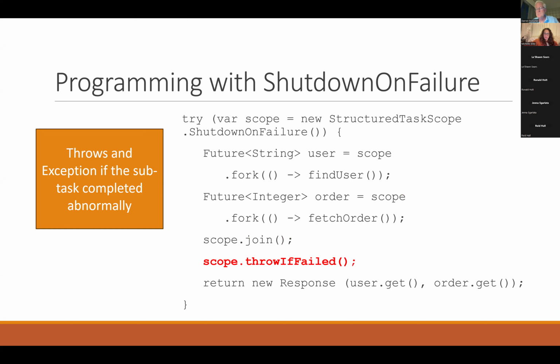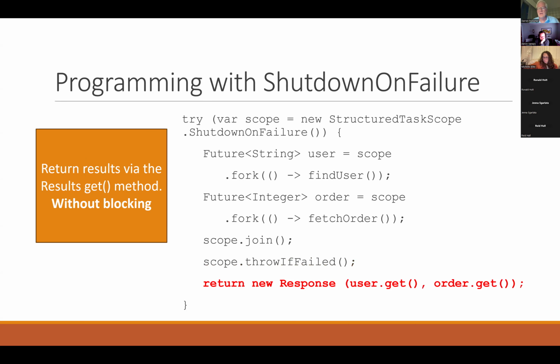Anyone know? Aaron, Reed, LaShawn, Ronald, anyone? I think it gets swallowed. It does. It gets swallowed. So up above, if you want to know if something failed, you need to make sure that you're throwing if failed. If you don't, it gets swallowed. You'll never know that something failed. Okay.